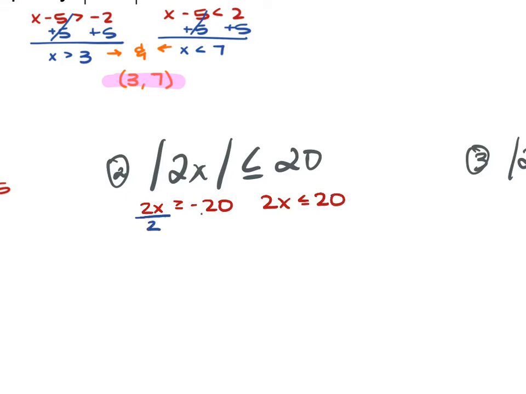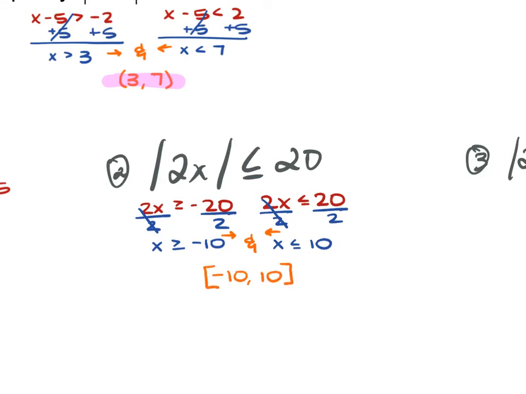We're going to divide each side by that 2 on both of these, so x is going to be greater than or equal to negative 10, as well as x is less than or equal to positive 10. Our inequality on the left includes the smaller number. Those signs go in towards each other, so this is an and statement, so we're just going to have the negative 10, the positive 10, separate them with commas, and both get the brackets since they're also equal to the negative 10 and the 10.